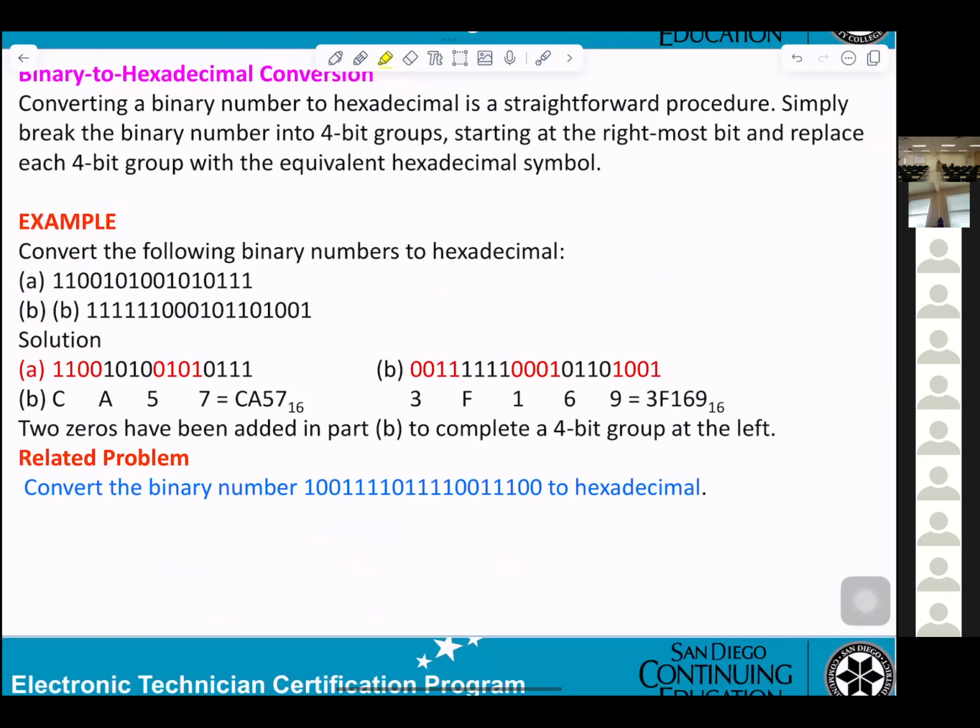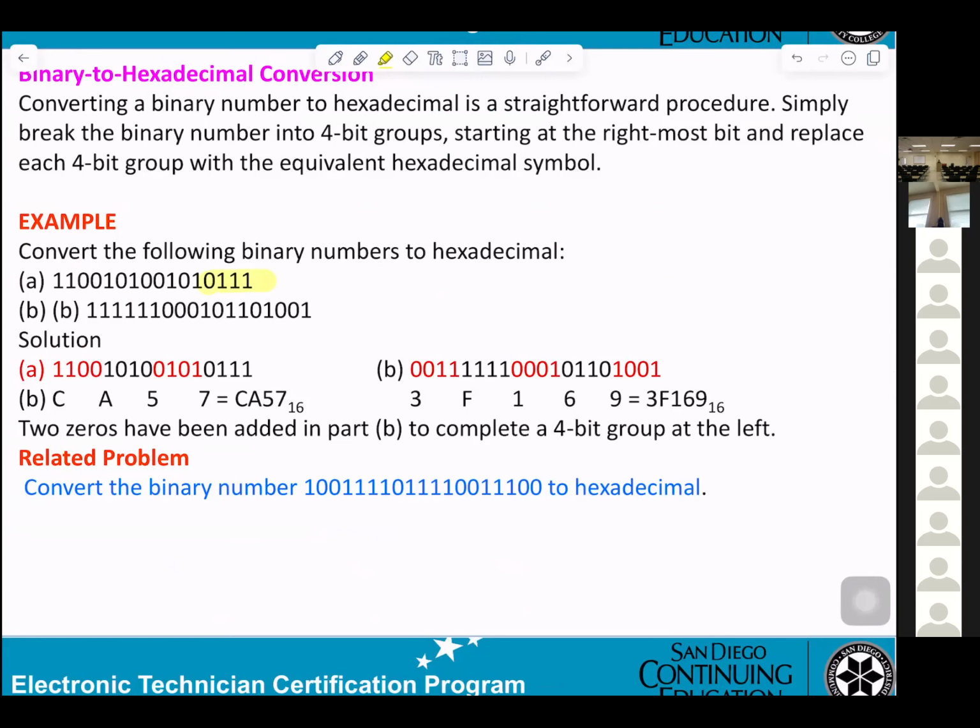Convert the following binary number to hex. This we really need. Okay, they give you the binary and they want hexadecimal. The way to do it is 4 bits at a time from right to left, 1, 2, 3, 4 here. First one.